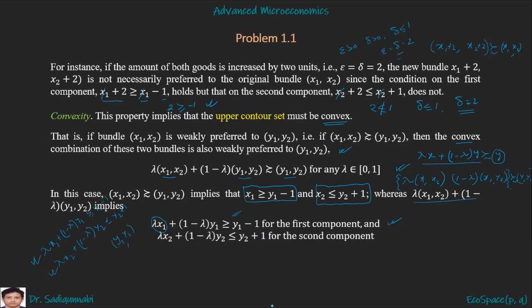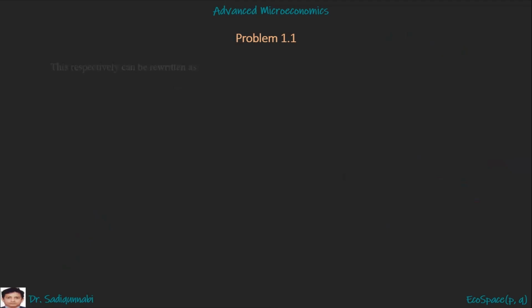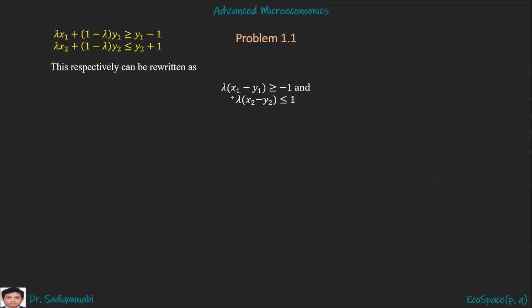Okay, so if we simplify this, we can see that lambda x1 minus y1 should be greater than or equal to minus 1 for the first component, and lambda x2 minus y2 should be less than or equal to 1 for the second component.